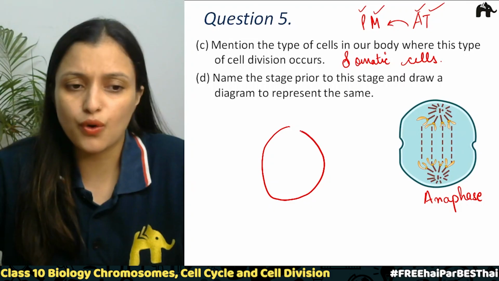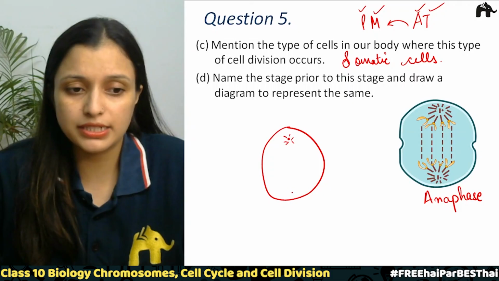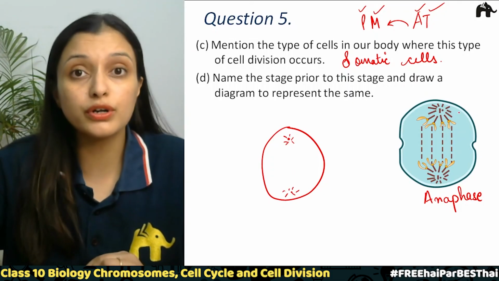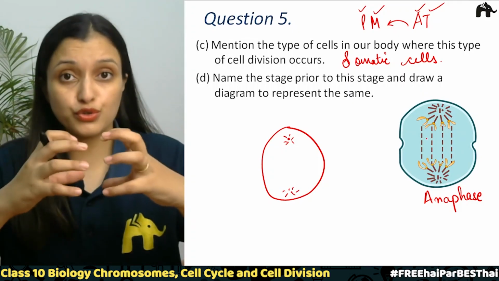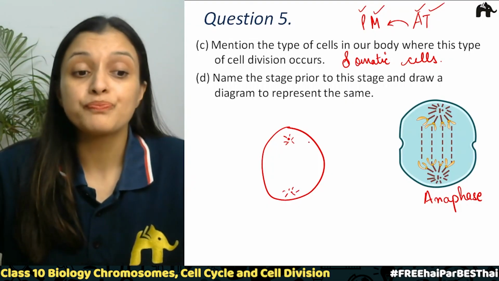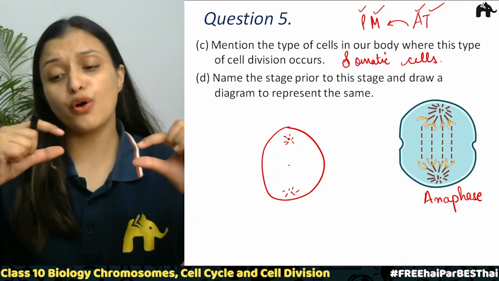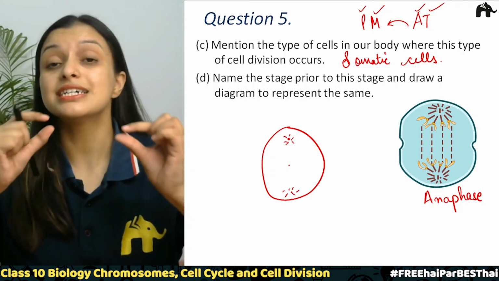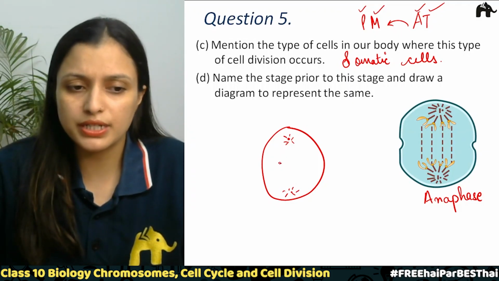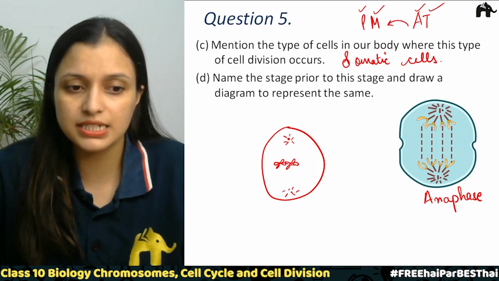We are going to draw a cell, and in that cell, let's draw these centrioles here, and now we see there are 4 chromosomes. There were 4 chromosomes which are now split into 2 parts, right? So how will this metaphase stage look like? It is a stage where all the chromosomes are in the center, on the equatorial plane, correct? So we are going to make 4 chromosomes, right?